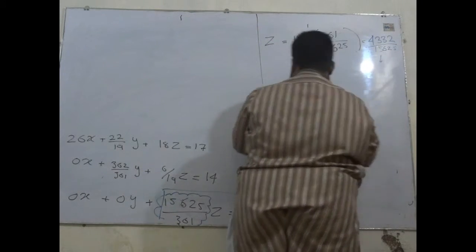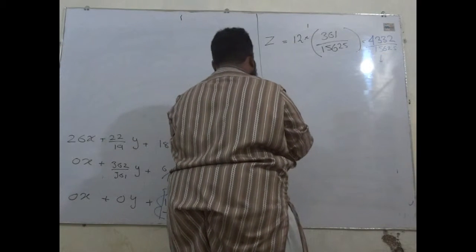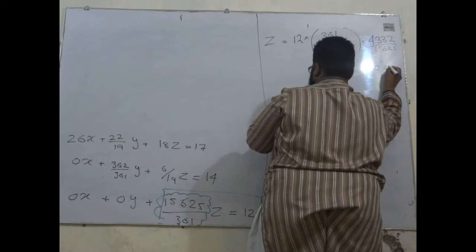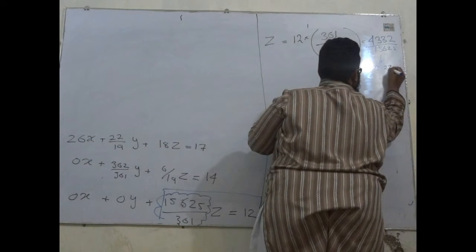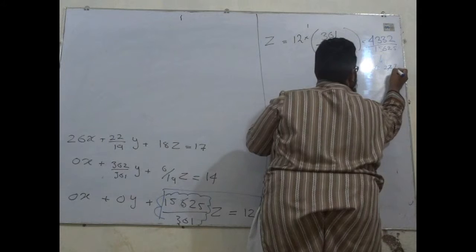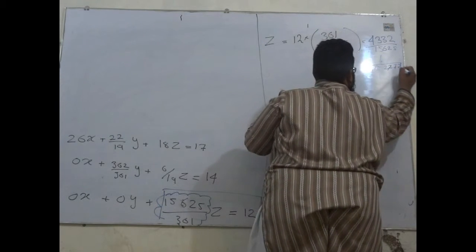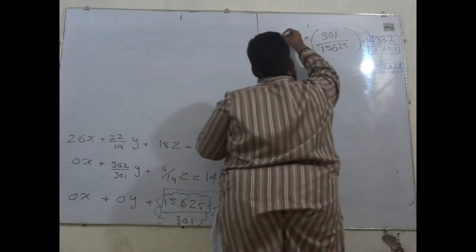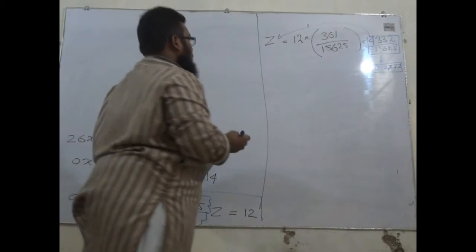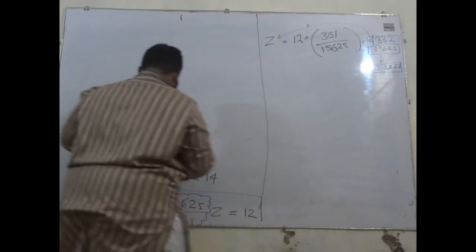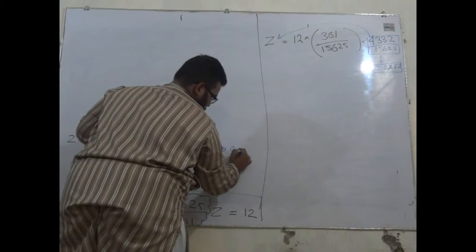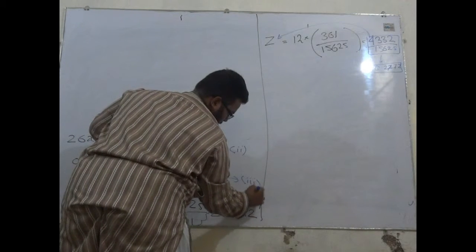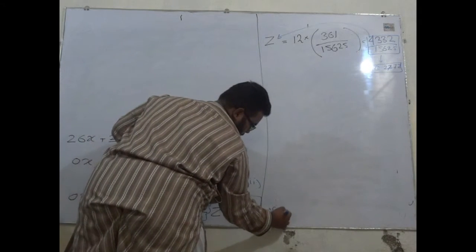But further in decimal, I have 0.2772. Okay, these values are the answers of z. Now by putting the values of z, I call it equation 2, equation 3 and equation 4.